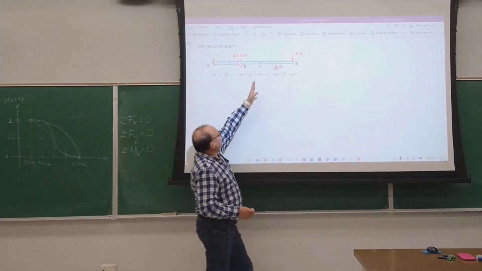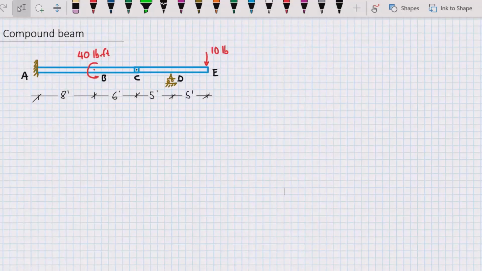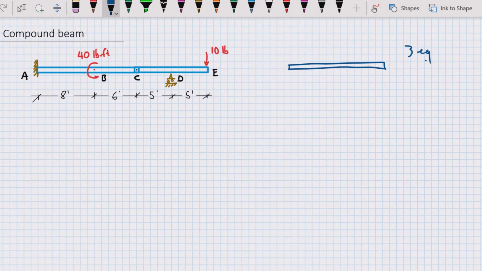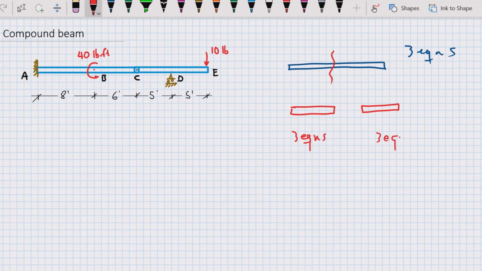If we cut here, remember that when you have a rigid body, you have 3 equations, so you can solve for 3 unknowns. And in a regular problem, you have 3 reactions that you can solve with those 3 equations. If you cut this here, now you have this and this, and you can have 3 equations here, in this rigid body, and 3 equations here.